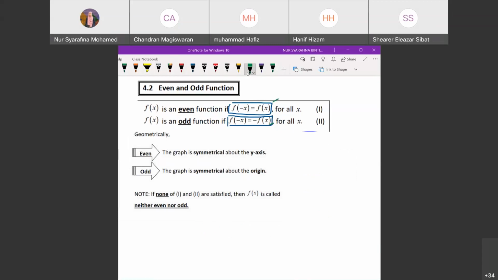But in terms of geometry, for an even function, the graph is symmetric about the y-axis. For example, here we have a quadratic function. This graph is symmetric about the y-axis, as you can see, it is a reflection on the y-axis. And for an odd function, the graph is symmetric about the origin.